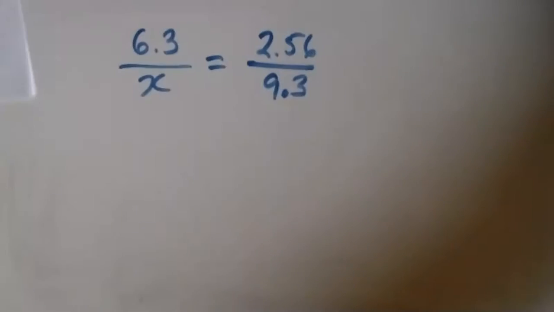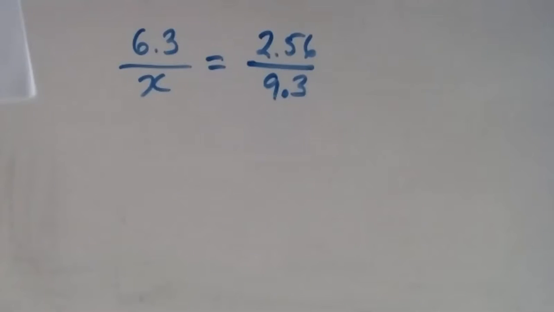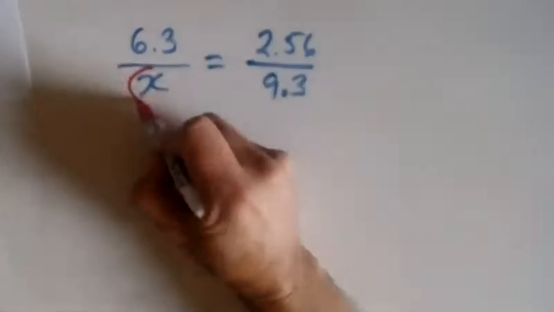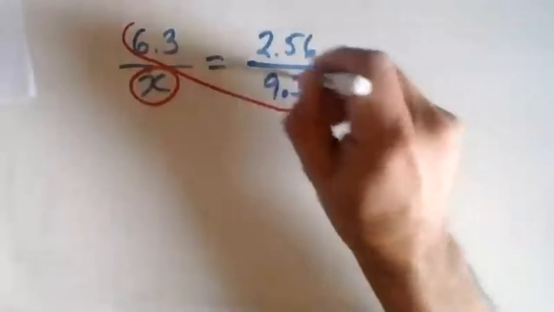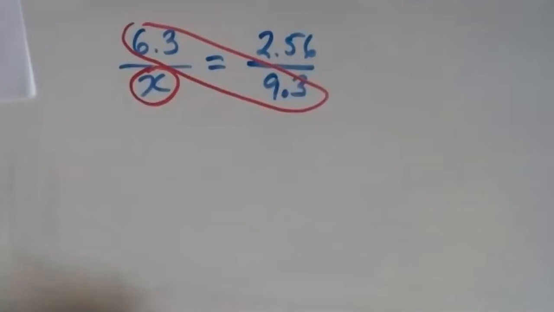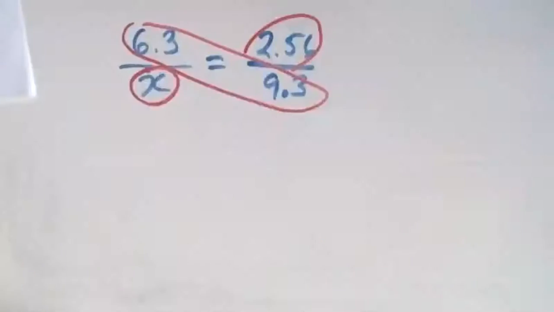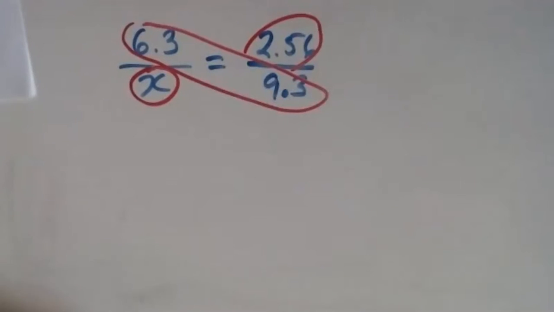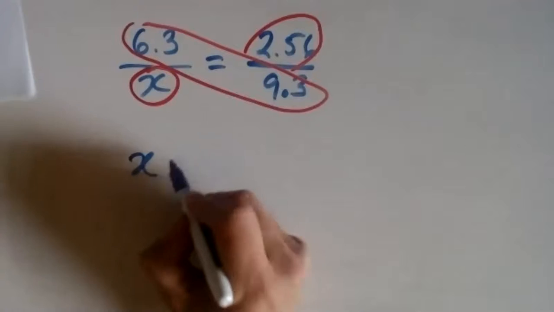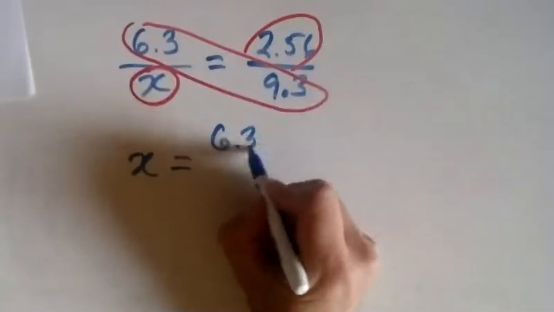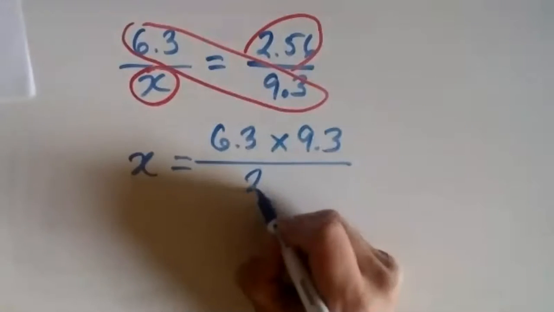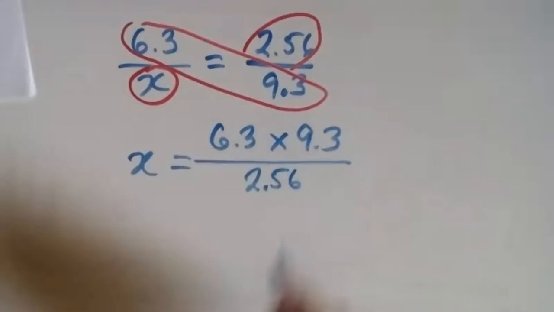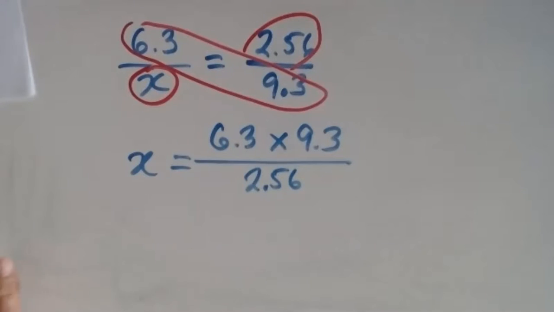You have calculators in your cell phone, so those are going to be used. So again, here is my variable. The numbers I'm going to multiply are these two, and the number I'm going to divide by is this. So x is going to be 6.3 times 9.3 over 2.56. And you do this exactly in your calculator, okay?